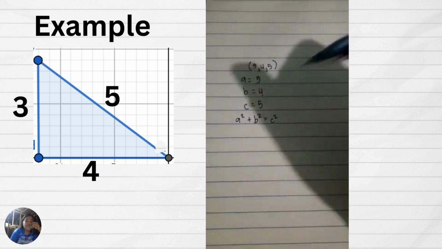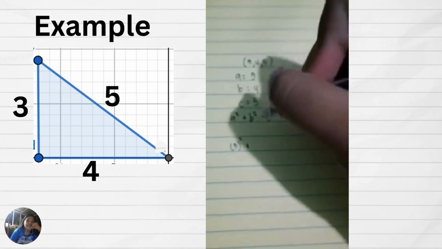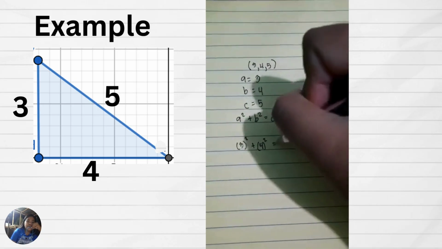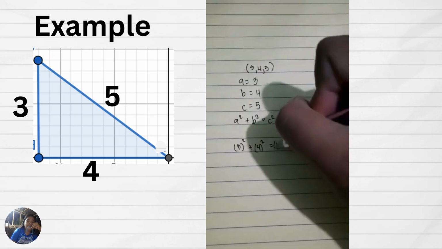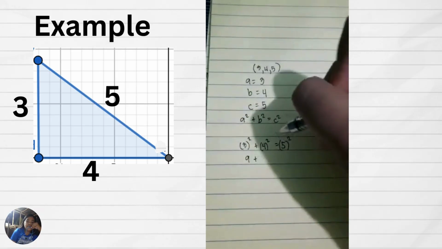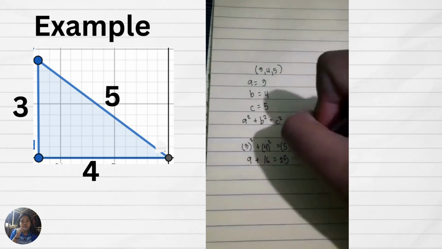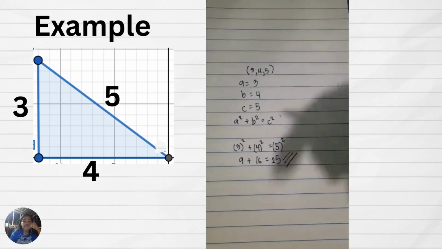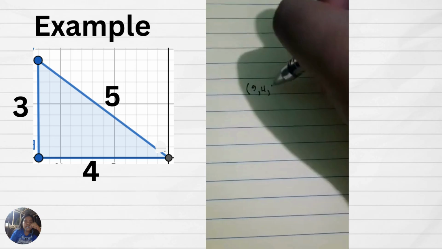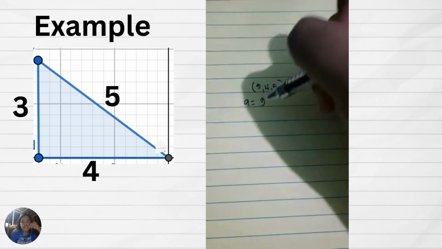So first we have to substitute. a squared is now 3 squared plus b squared, or 4 squared, is equal to c squared, which is 5 squared. So 3 squared is equal to 9, plus 4 squared is equal to 16, is equal to 5 squared, which is 25. So if we add 9 plus 16, it is 25. So it clearly satisfies the formula a squared plus b squared is equal to c squared.